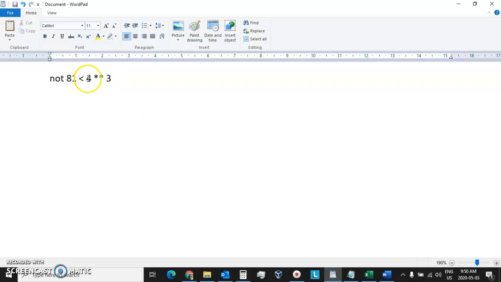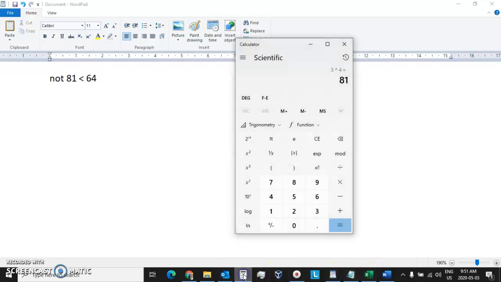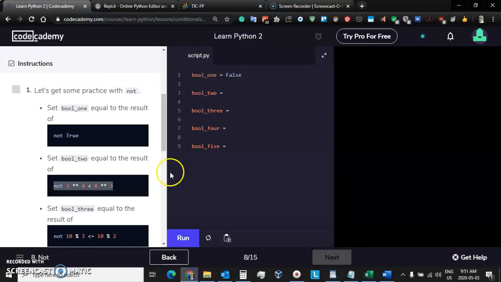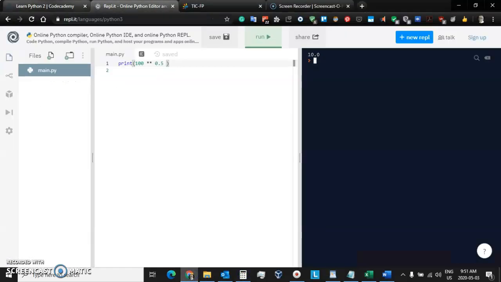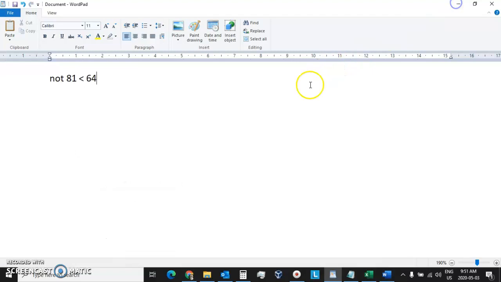And here we have 4 exponent 3. So 4 times 4 times 4 is 64. And again, if you're not convinced, you can just simply use a calculator, or you can use a Python editor to evaluate the result.